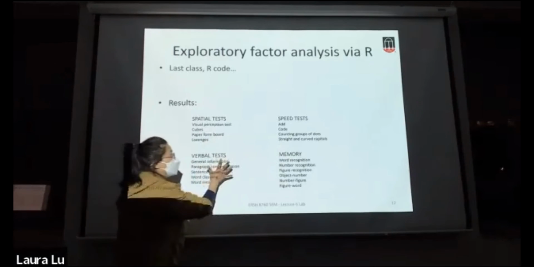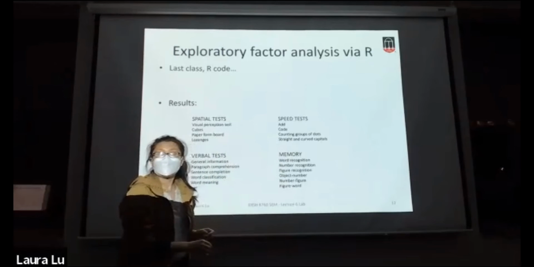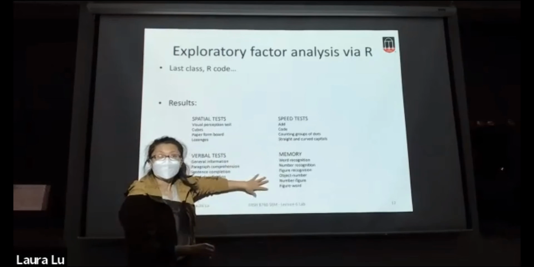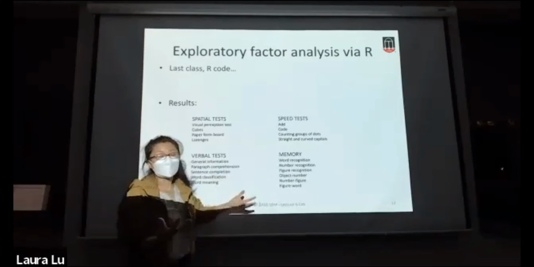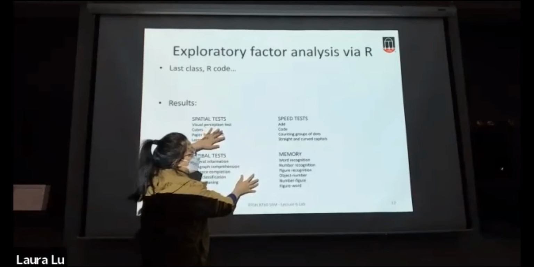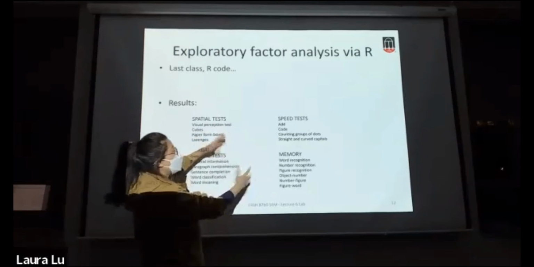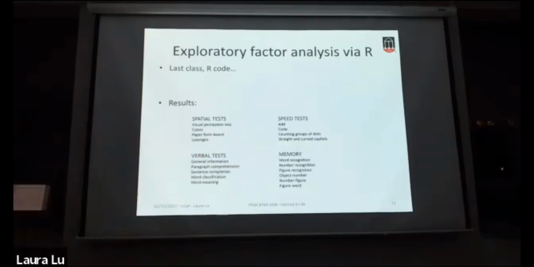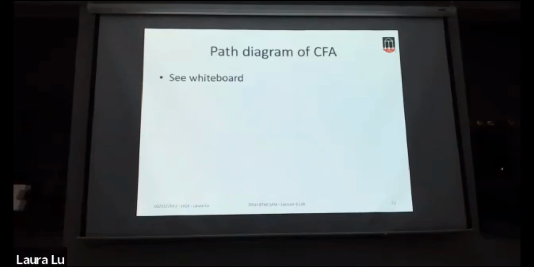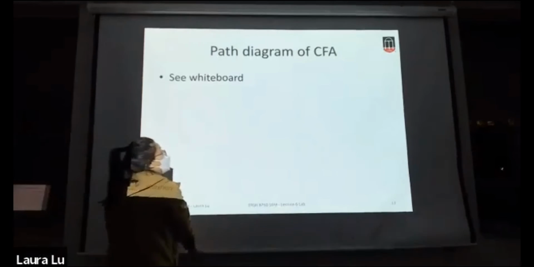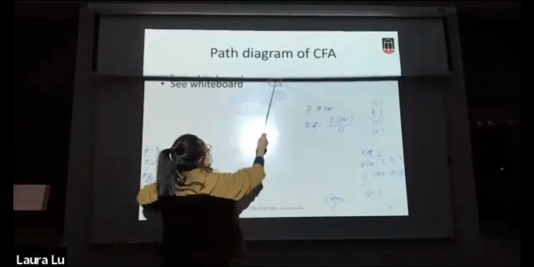Now, I'm going to have this model to do the test. Suppose this is our existing model, or our hypothesized model. So based on the result from EFA, what is the path diagram? The path diagram is not the same as EFA.